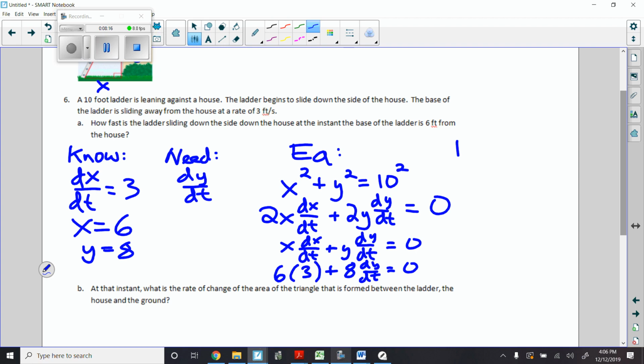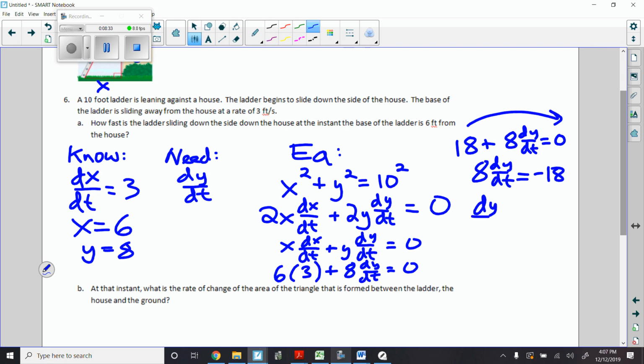I'm going to get 18 plus 8 dy/dt equals 0. I'm going to subtract the 18 over. I have 8 dy/dt equals negative 18. So dy/dt equals negative 18 over 8. Both of those divide by 2, so it's negative 9 over 4.